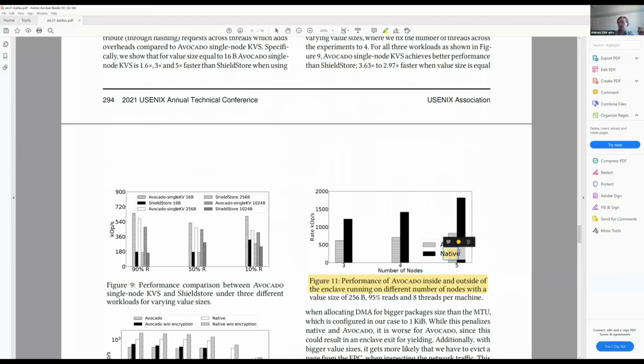It actually shows Avocado, the same algorithm implemented, but not in a secure memory, right? Not in this enclave, just running in the regular memory space. So without running in this TEE, the thing is twice as fast. So there is a substantial performance penalty for restricting yourself to this protected enclave.